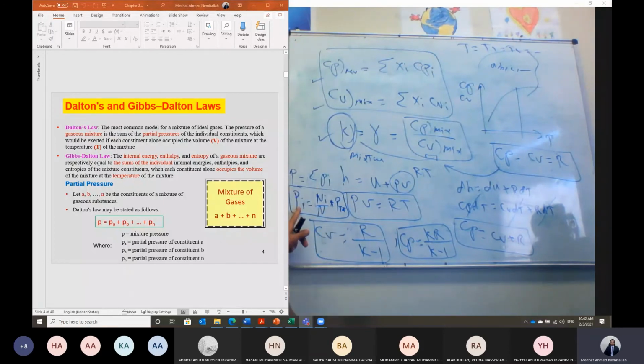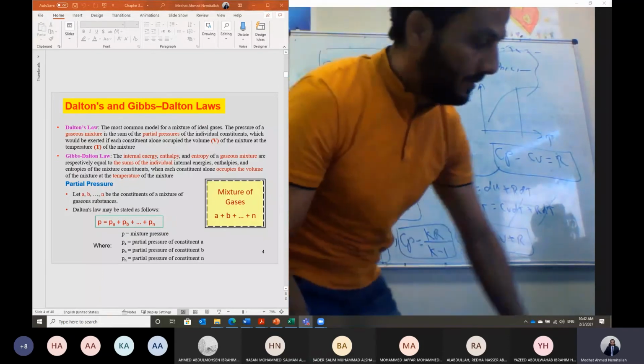So the partial pressure for any component in a gas mixture is equal to the number of moles divided by the total number of moles, which we call the mole fraction yi, multiplied by the total pressure. Then we can get the partial pressure of component i. Is that clear?